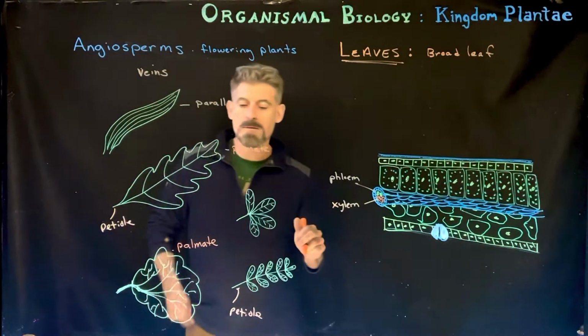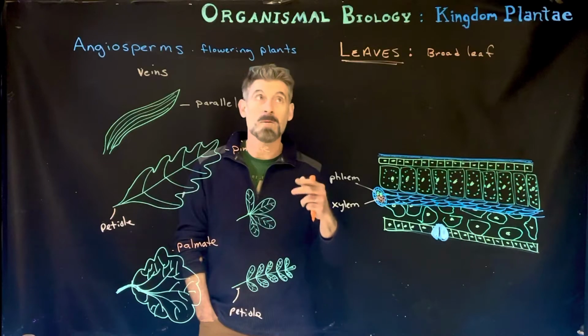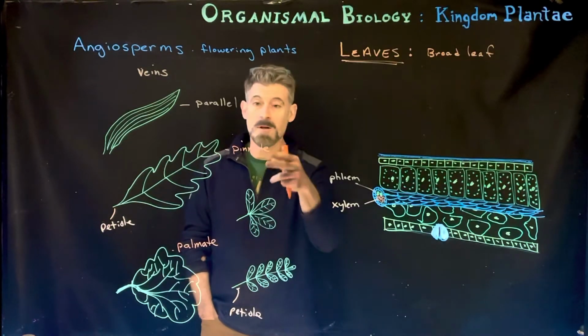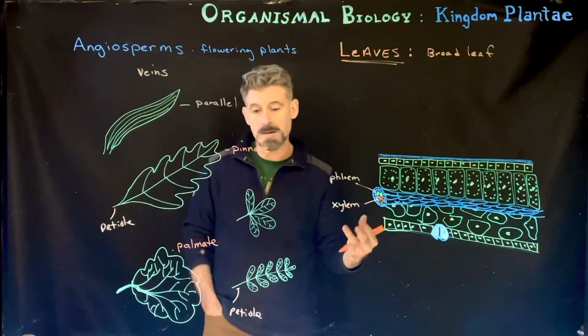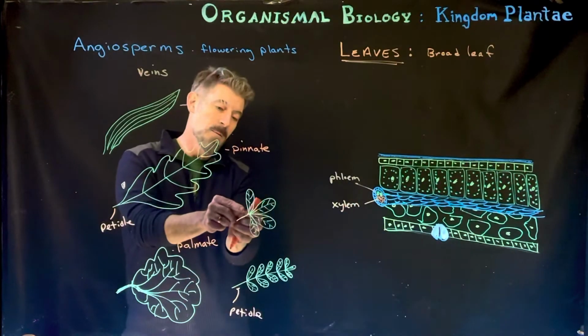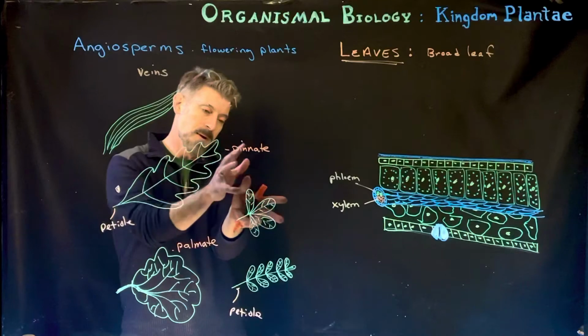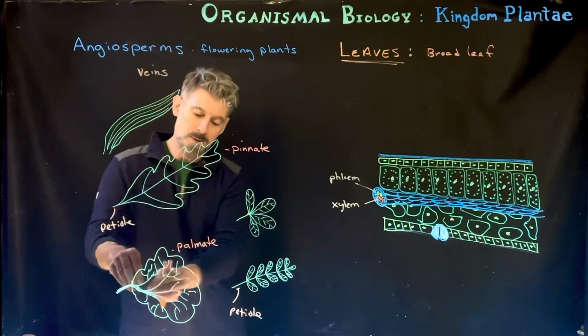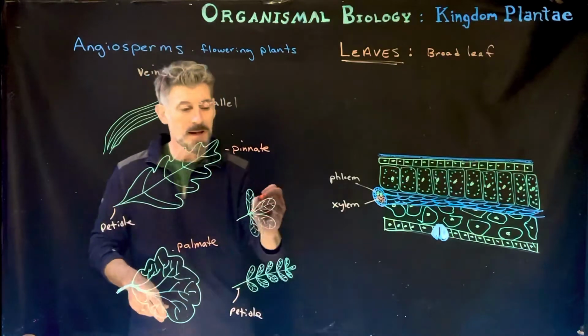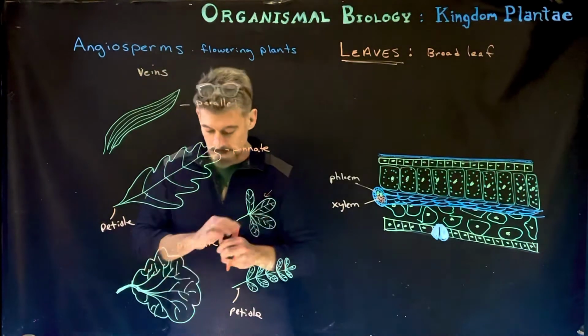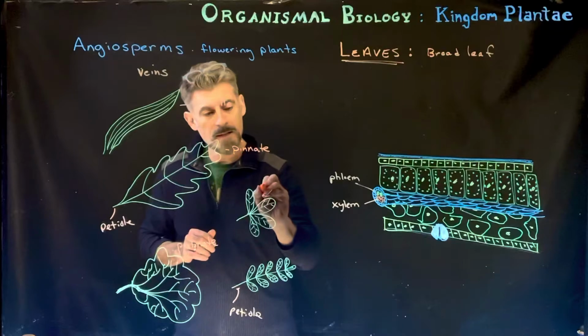You will also find that the terms pinnate and palmate are often used when talking about compound leaves too, because in this case we have this one petiole and it's just branching outward from that one point, like this. All right, that's considered a compound leaf that's palmately compound.